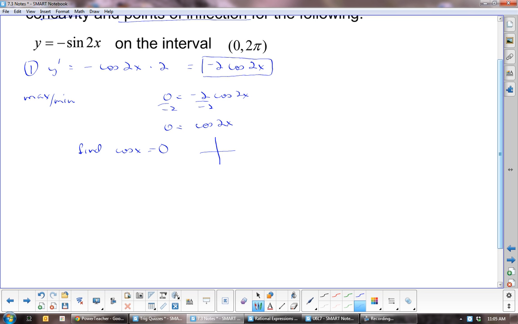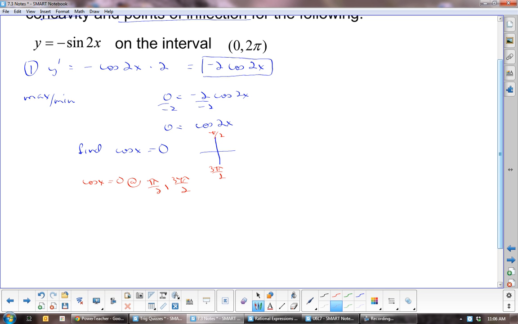So cos x equals 0 at pi over 2 and 3 pi over 2.